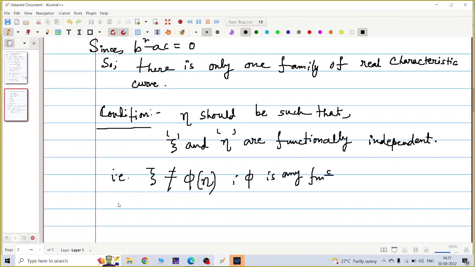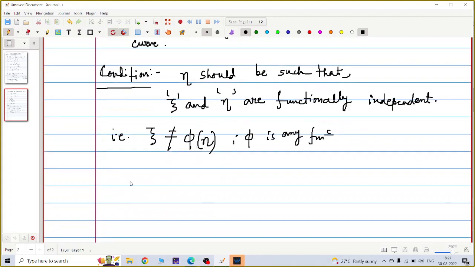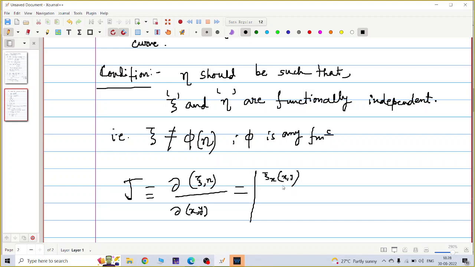So that means the condition for functionally independent is the Jacobian. It is xi x, the derivative of xi with respect to x, xi y, the derivative of xi with respect to y, eta x, the derivative of eta with respect to x, and eta y, the derivative of eta with respect to y.